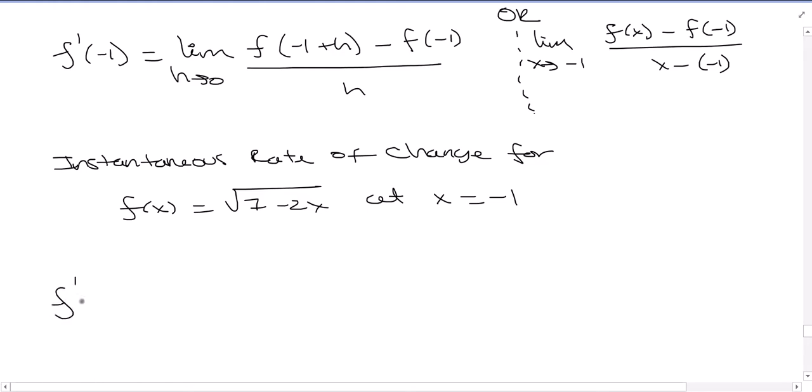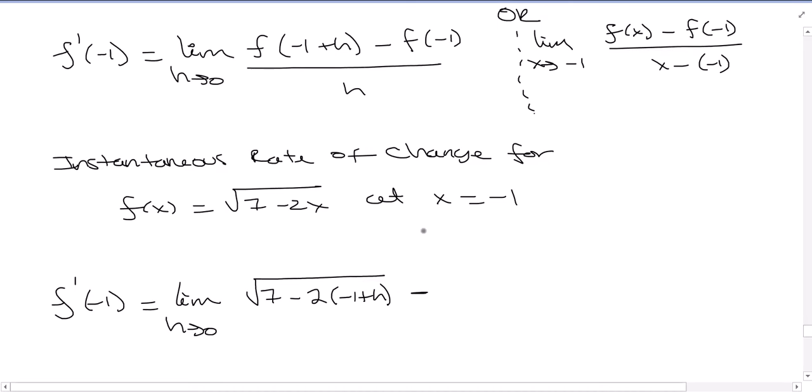So f prime of -1 will be the limit as h goes to 0 of f of a plus h, so the square root of 7 minus 2 times -1 plus h, minus f of a, so the square root of 7 minus 2 times -1, all over h.